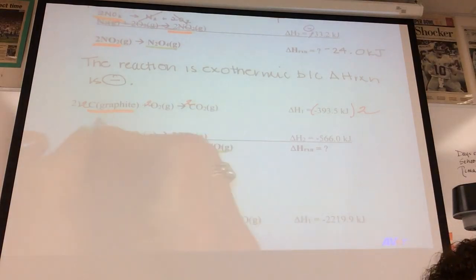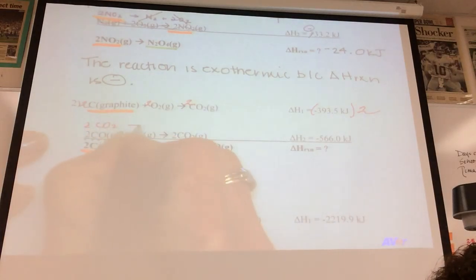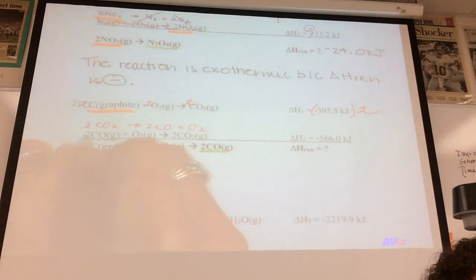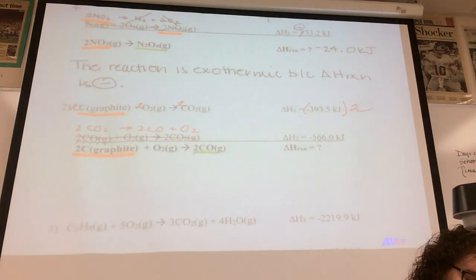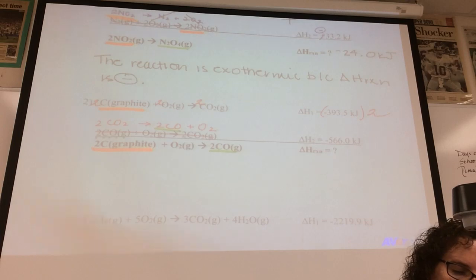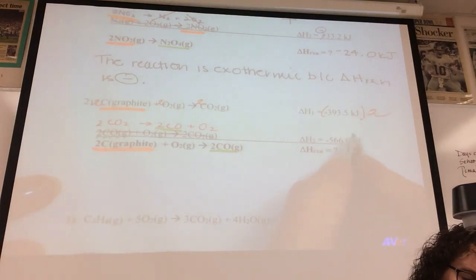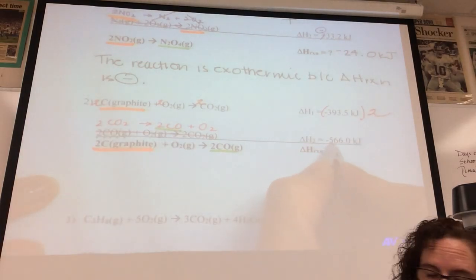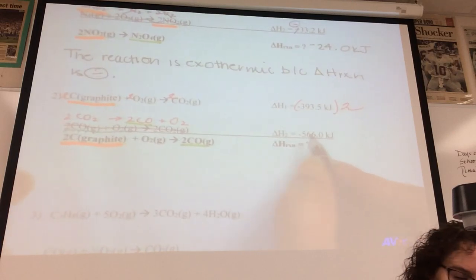Flip it around. I've got 2 CO2 yielding 2 CO plus O2. And when I flip it around, I now have it in the right location. And when I flip it, what do I do to this sign? I need to make it positive.